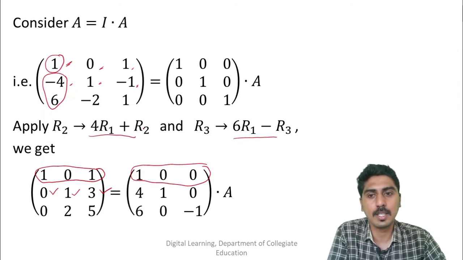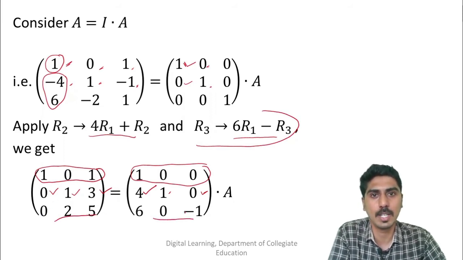Similarly, if you apply the operation here, you get 4 into 1 is 4 plus 0 is 4. 0 plus 1 is 1. 0 plus 0 is 0. Similarly, if you apply the operation for R3, you get 0, 2, 5 and 6, 0, minus 1.